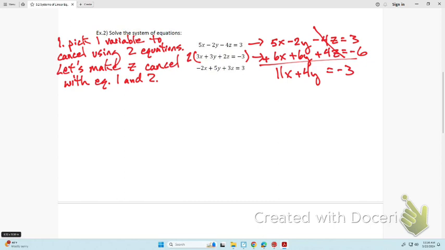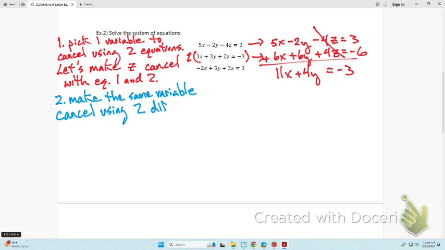Second, we need to make the same variable cancel using 2 different equations from earlier. I guess I shouldn't abbreviate, huh?